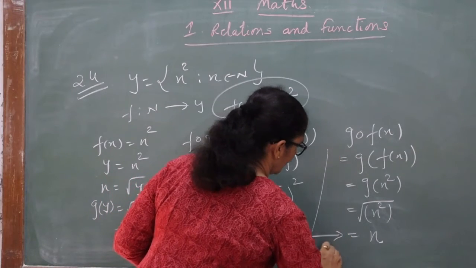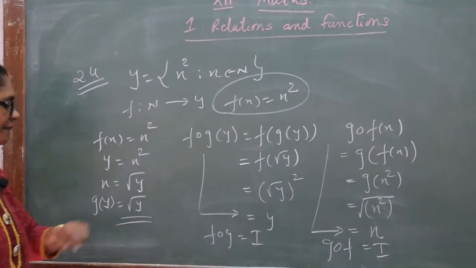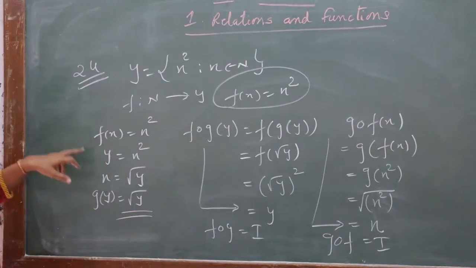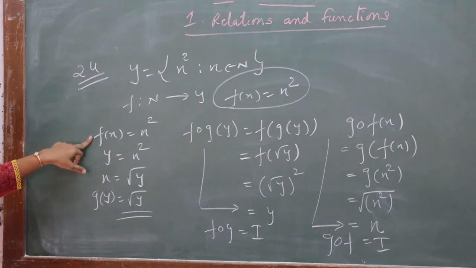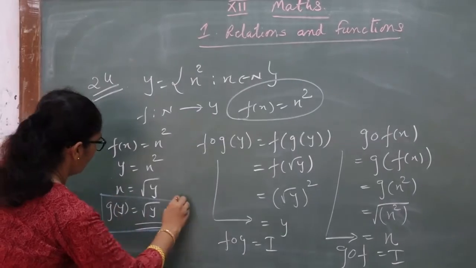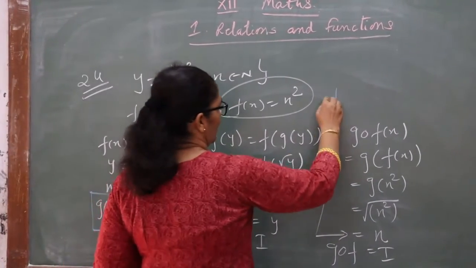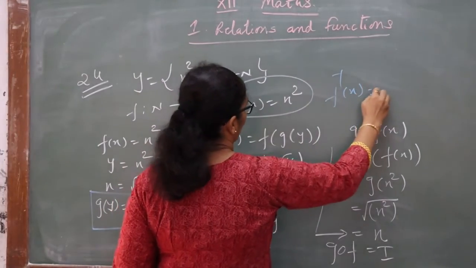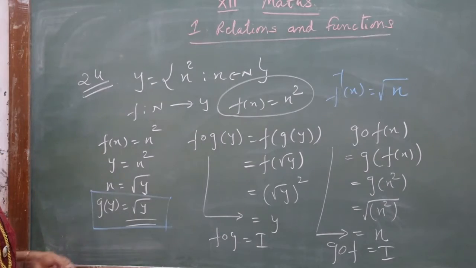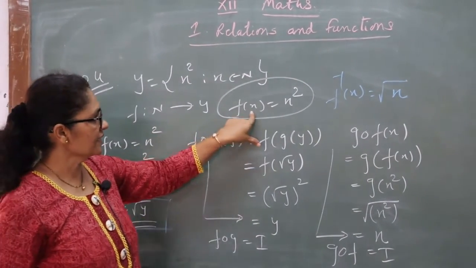Now what do I get? g over f is also identity. What is the meaning of it? If g over f is identity and f over g is identity, then g is the inverse of f. And how can you write it? g of y equal to root y, or you can say f inverse of n equal to root n. So that way we have proved the inverse is root n.